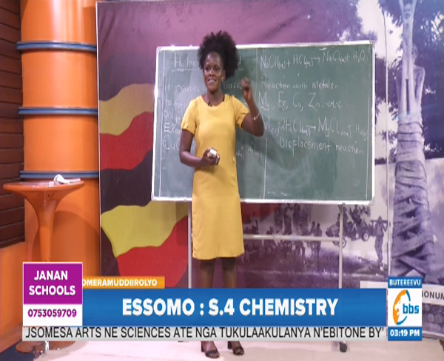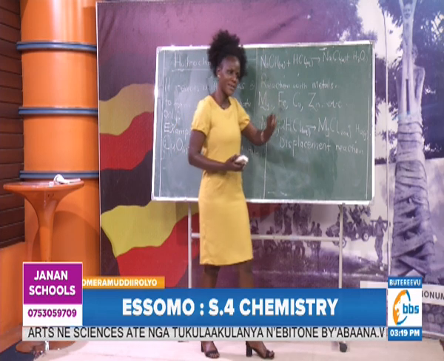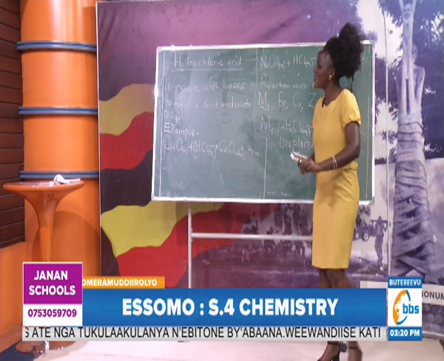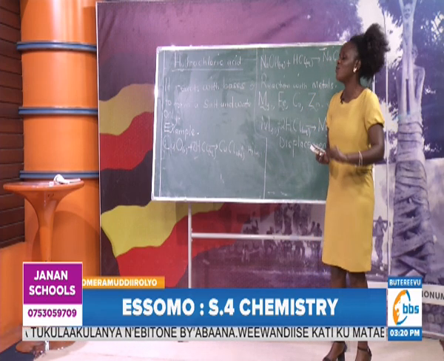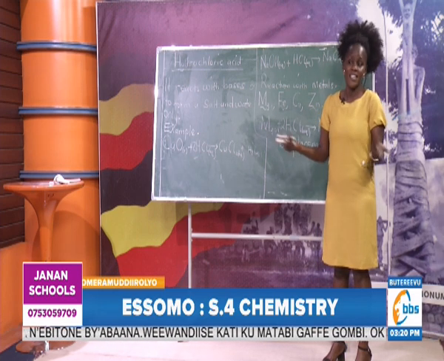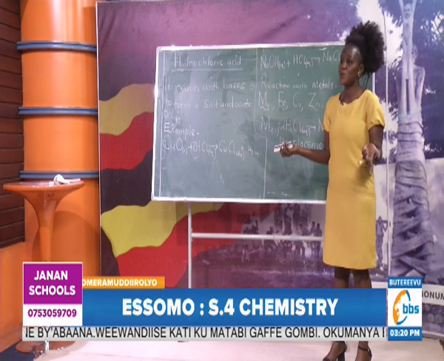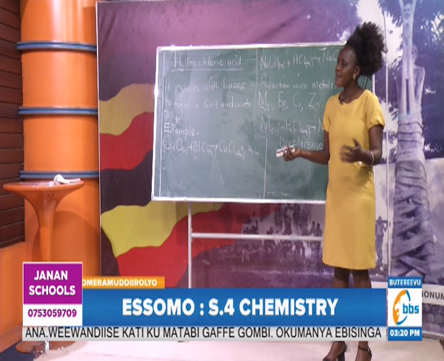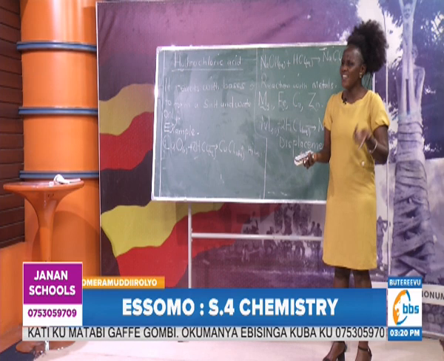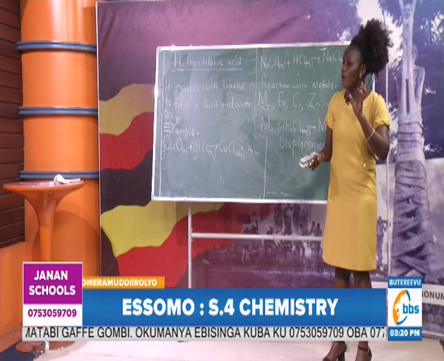If the question has come and it is very specific, please write an ionic equation. However neat your molecular equation will be, you will not score any mark. But if the question comes and it is just open, write an equation that took place. Please, whether you write the ionic equation or the molecular equation, any you write, you will score your marks.